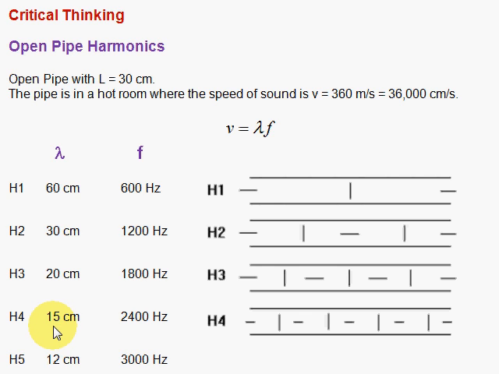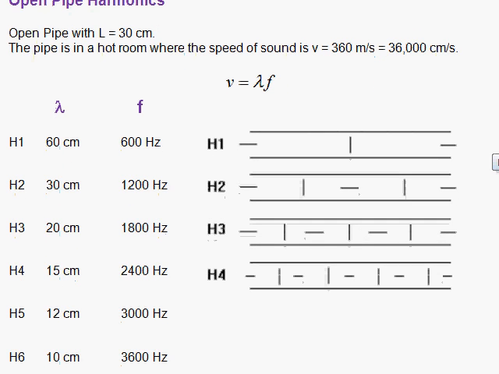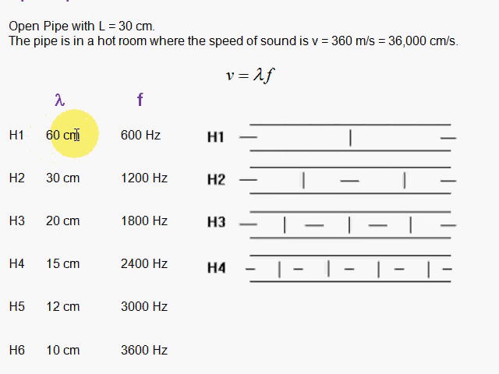Divide it in half once, you get 30. If you divide it in half again, you get 15. Then to get the fifth case, I divide the first one by 5. 5 into 60 is 12. And let's go one more and divide the first case by 6 and get 10 centimeters.